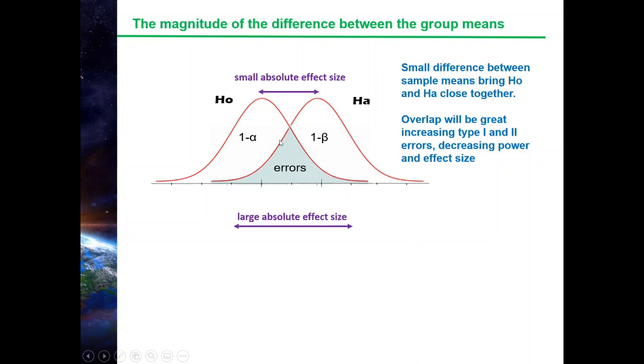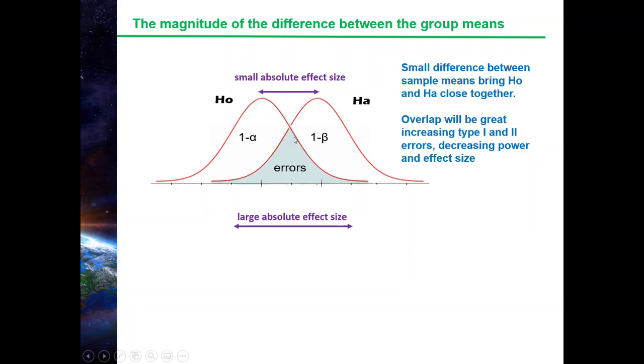So there's a huge area where we could be making a type 1 and a type 2 error. If this area is very large, that's going to make these two areas comparatively very small. That's what happens if you have two means that are very close together. Again, it brings H0 and HA close together.